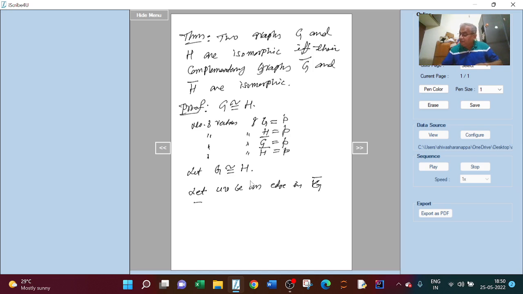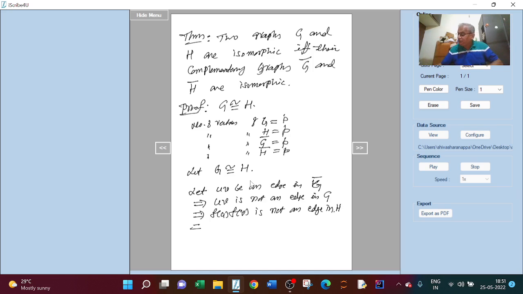If UV is an edge in G bar, then this implies UV is not an edge in G. And if UV is not an edge in G, as G is isomorphic to H, F of U F of V is not an edge in H, because G and H are isomorphic.